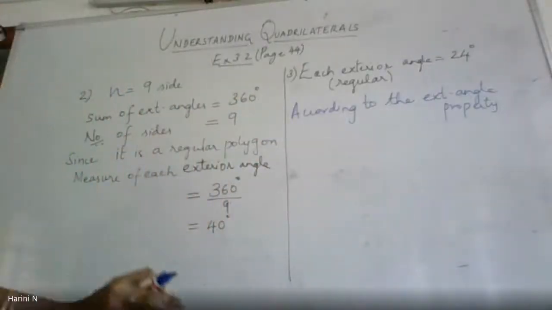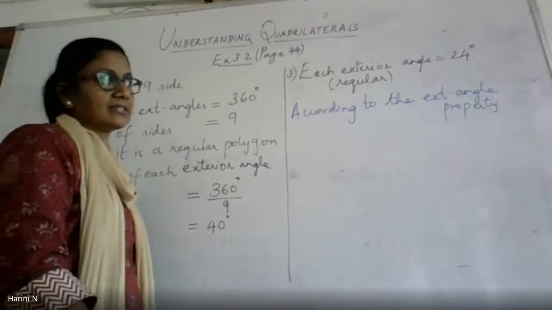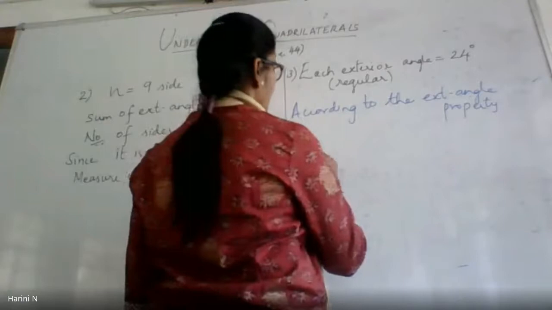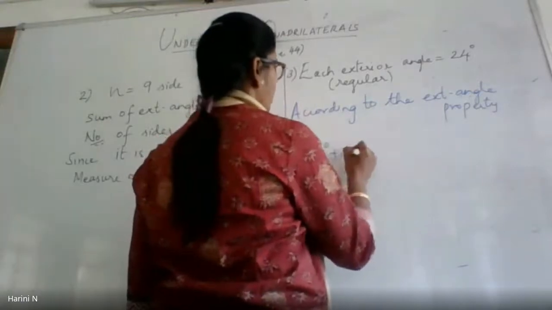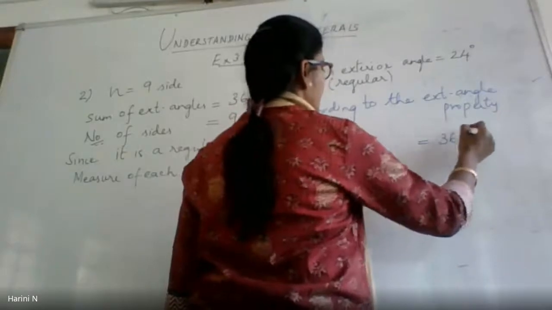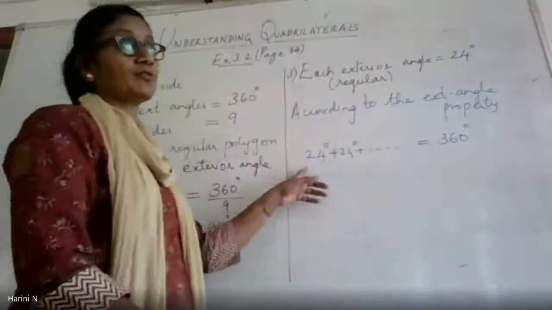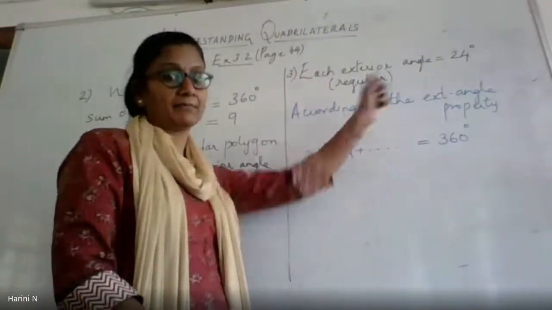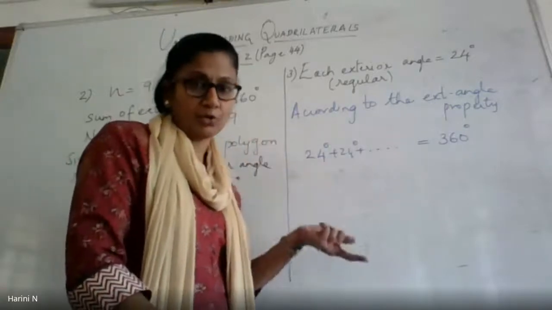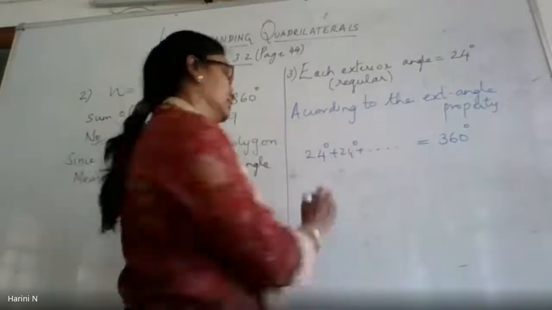For a regular polygon, when I add up all the angles, it will be equal to 360 degrees. So I can write 24 plus 24, so many 24s. I don't know how many 24s will add up to 360 degrees. So this is what we have to find out. How many times should I add 24 so that it becomes 360 degrees?